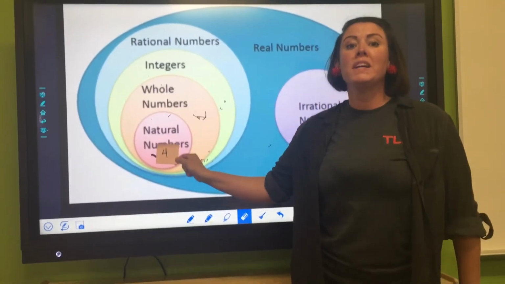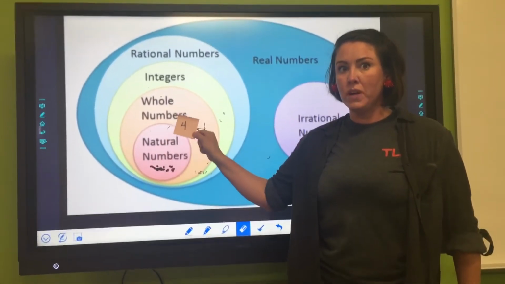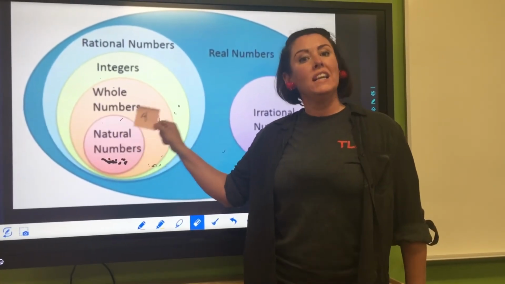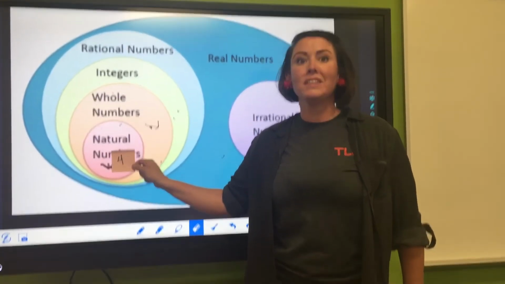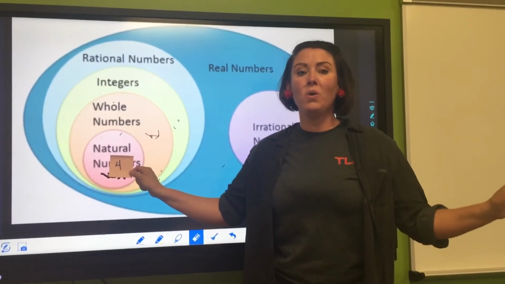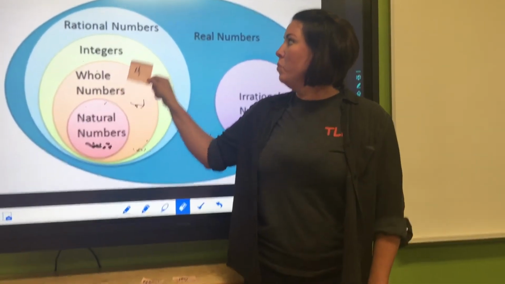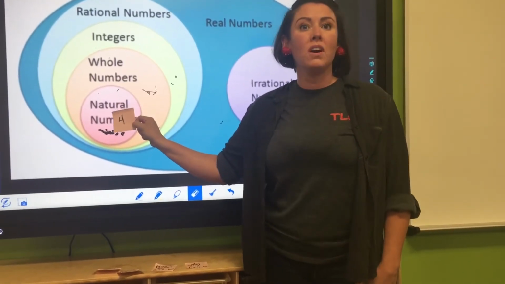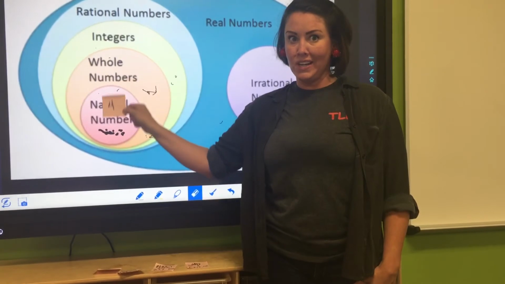So 4 would be a natural number. Is it a whole number? Yes, because it's inside the whole number circle as well. Is it an integer? Yes, because integers are all the whole numbers and all the negatives. Would it be a rational number as well? Yes. The number 4 belongs to all of these categories.